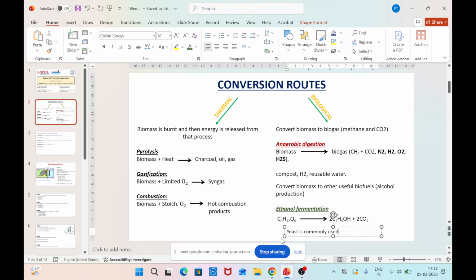Once distillation is over, you go for the dehydration step in order to get anhydrous ethanol. In order to use ethanol as a biofuel, we go for anhydrous ethanol. Again, the same reason: if there is any moisture, that will affect the calorific value.